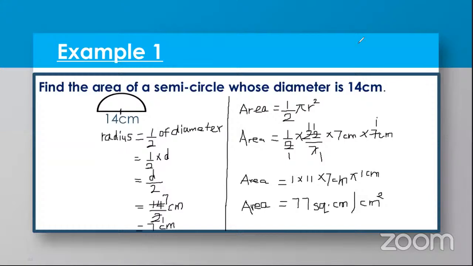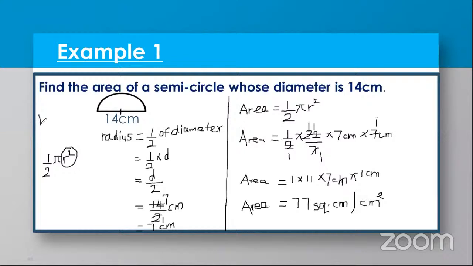Let me come back here and say our formula is like this. Our formula is a half pi r squared. Now you need to know the meaning of r squared.